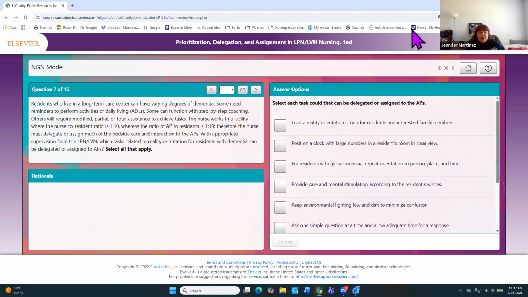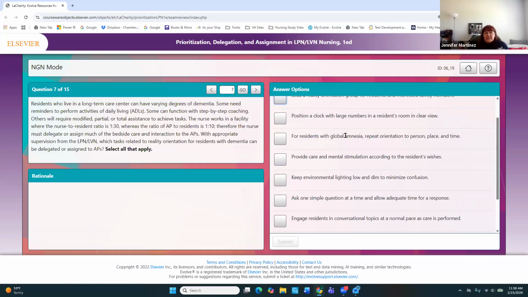All right. So can we delegate to an AP leading a reality orientation group for residents and interested family members? Can they lead a reality orientation group? No. Okay. Oops. I hit it anyway. All right. Can they position a clock with large numbers in a resident's room?